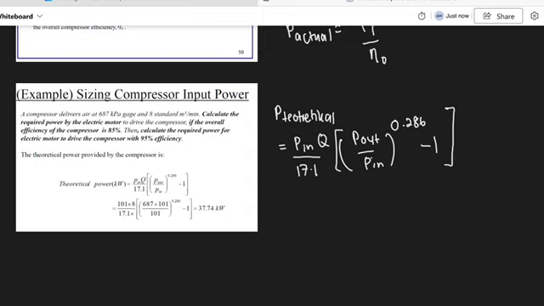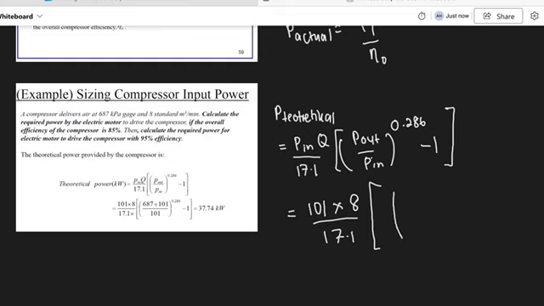So P in is atmospheric pressure, that is 101, times the flow rate, 8, divided by 17.1. And then P out is given as 687 kPa gauge.